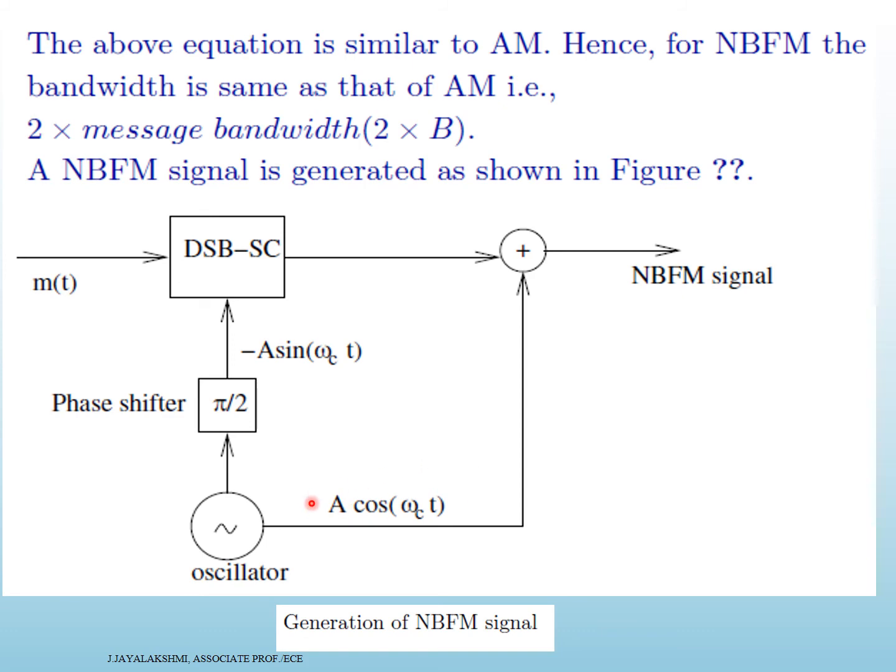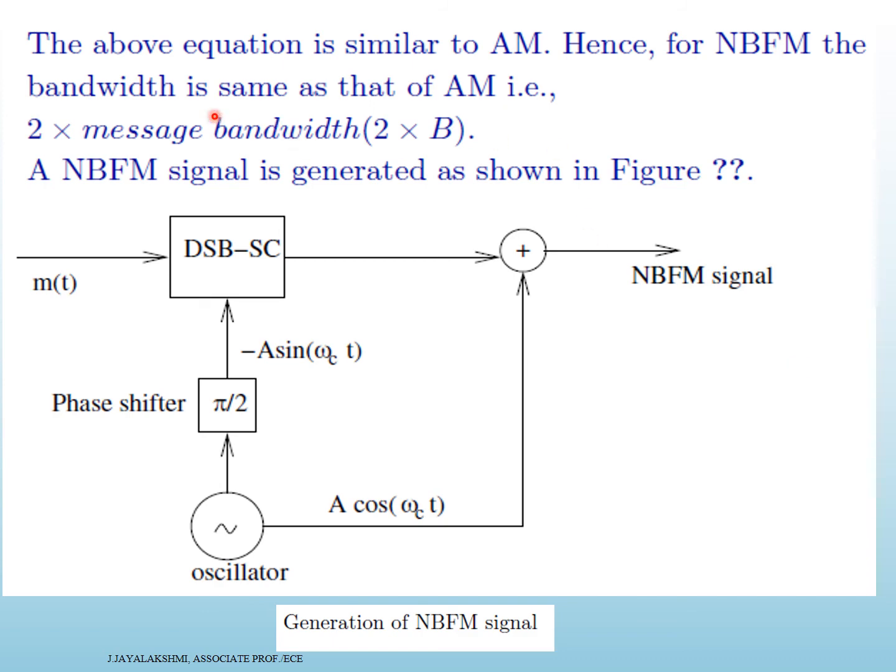This is the actual signal; with a phase shift of 90 degrees, cos becomes minus sin. This is added with the double sideband suppressed carrier generator. The resultant, when once again added with the carrier signal, will give you a narrowband FM signal.